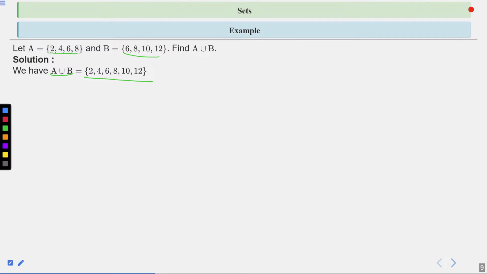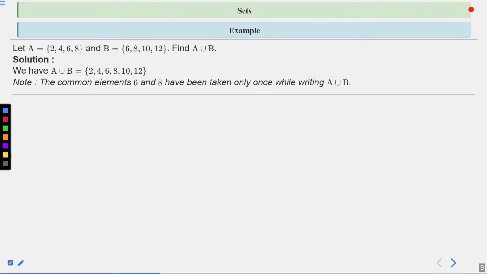So whatever set you form will be your union set. Clear? So here in this case 2, 4, 6, 8, 10, 12 will be your union set. Note the common elements 6 and 8 have been taken only once.